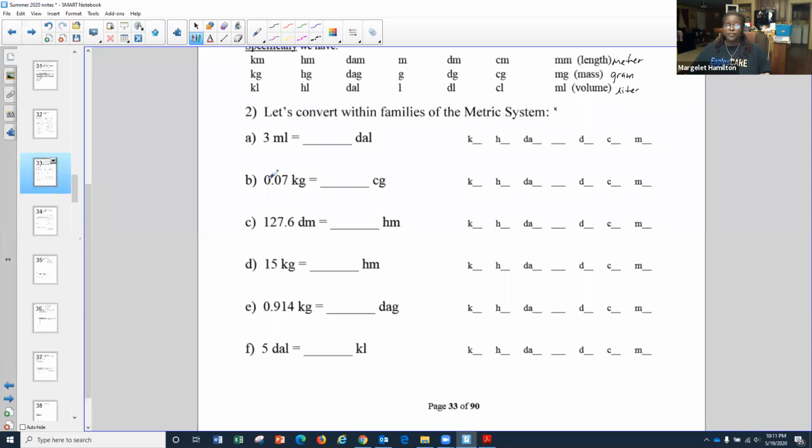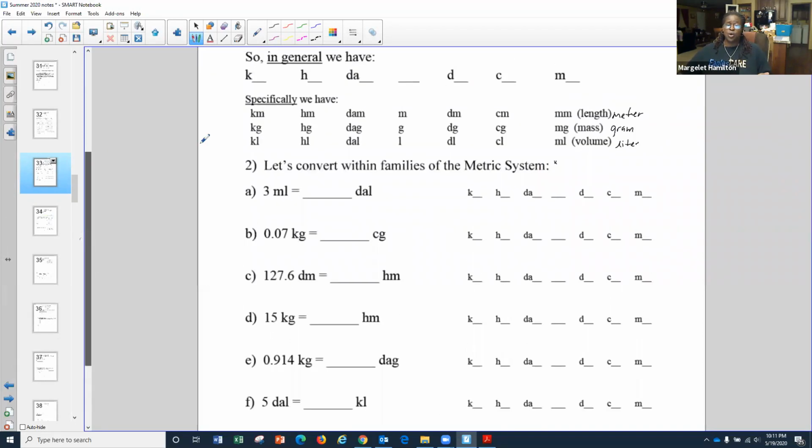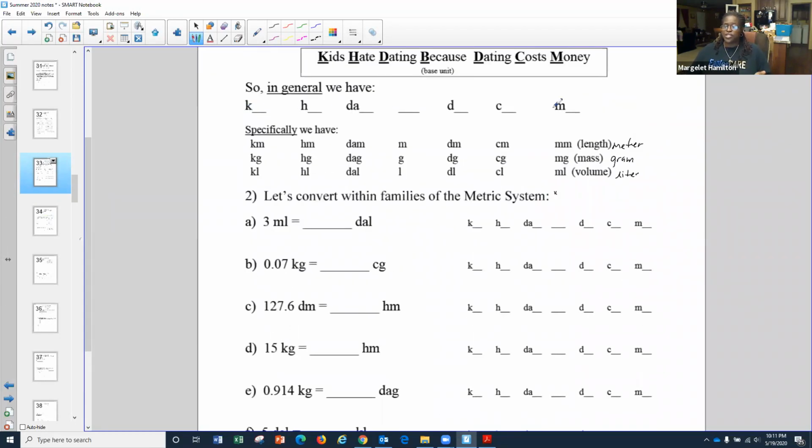But the root of all of it is making sure that you know this structure and where these things are located, so you'll know how to get from one thing to the other. So, we're doing a decimal shift. That's what we're doing.